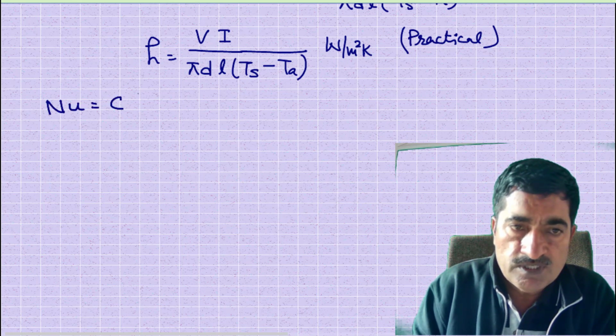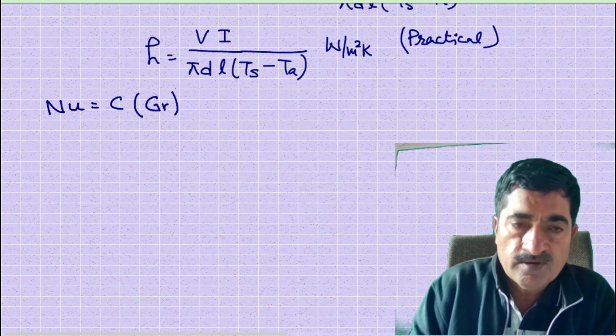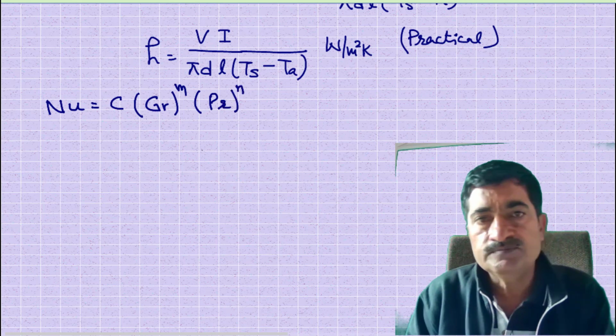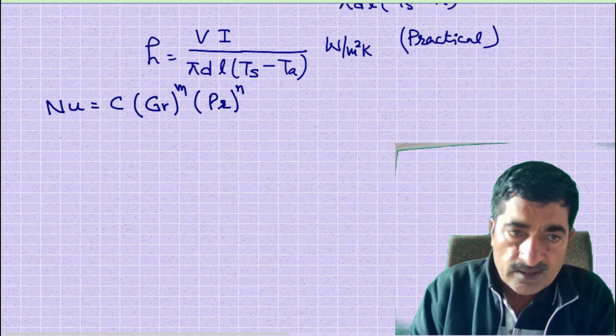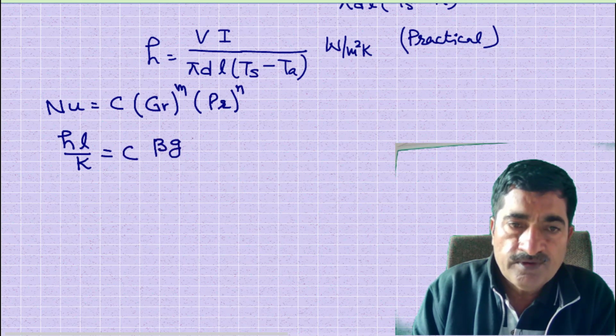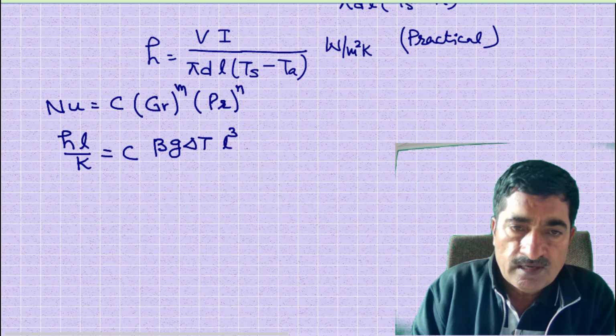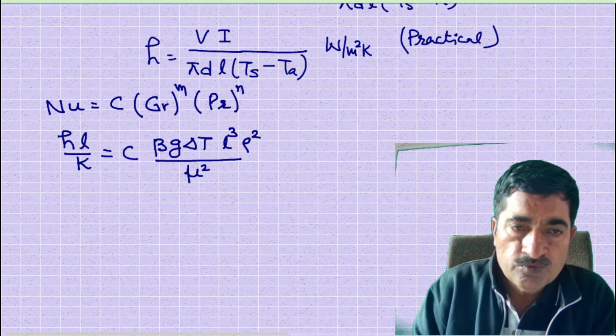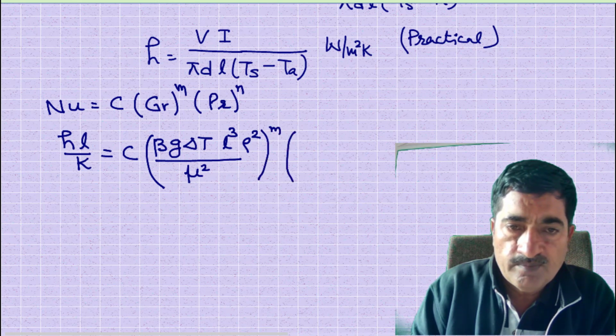This is equal to C, Grashof number power M and Prandtl number power N. That is, hL by K equals C into beta g delta T L cube rho square upon mu square, power M, into mu Cp by K, power N.